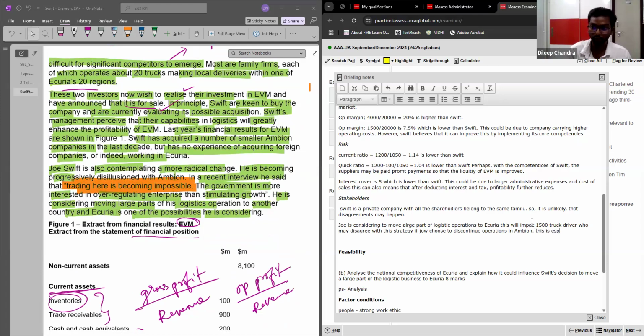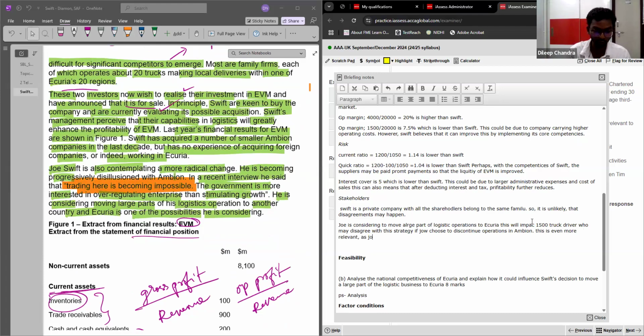This is even more relevant as Joe has criticized the government, that they're over-regulating the enterprise, right?